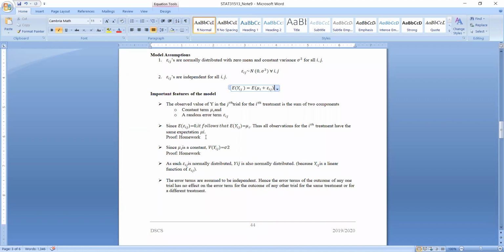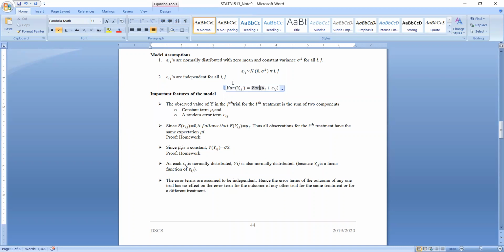And likewise, if you take the variance of Yij, if you take the variance of your left hand side, you have to take the variance of your right hand side as well.